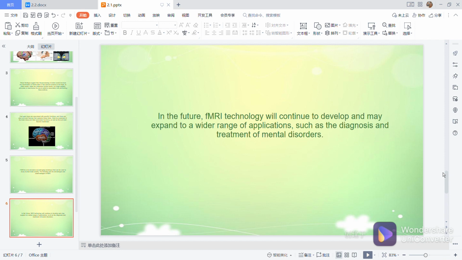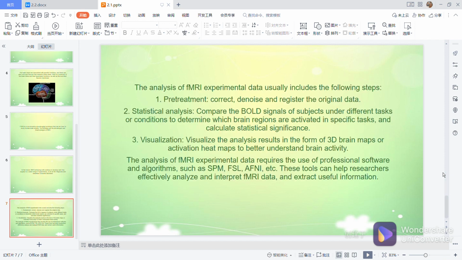fMRI experimental data typically includes a large amount of images and data. The analysis of fMRI experimental data usually includes the following steps: 1. Pre-processing. 2. Statistical analysis. 3. Visualization.